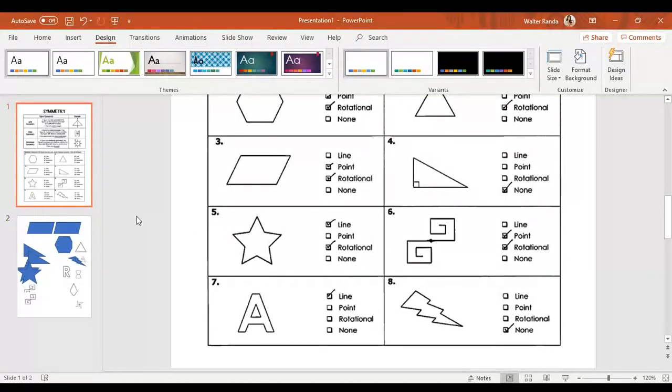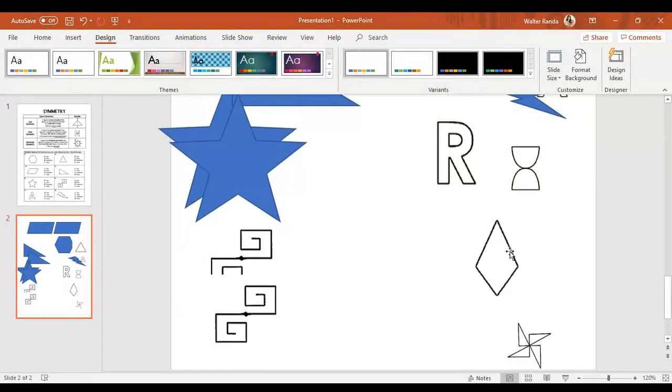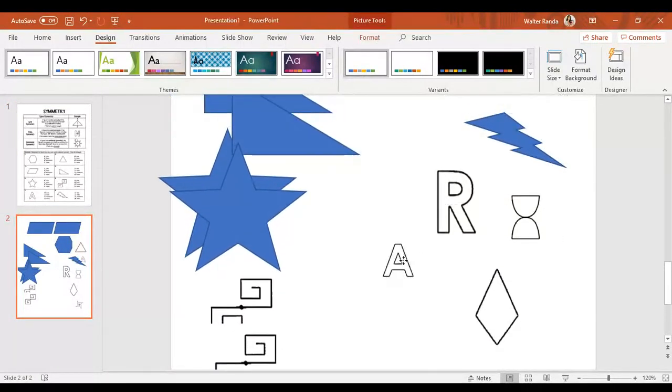A lot of times our letters don't have as much symmetry. So an A, let's see. If I cut the A in half, will it map onto itself? Will it be a perfect match? Yes. So if you imagine having the letter A and folding it in half, yep, it would be a perfect match.